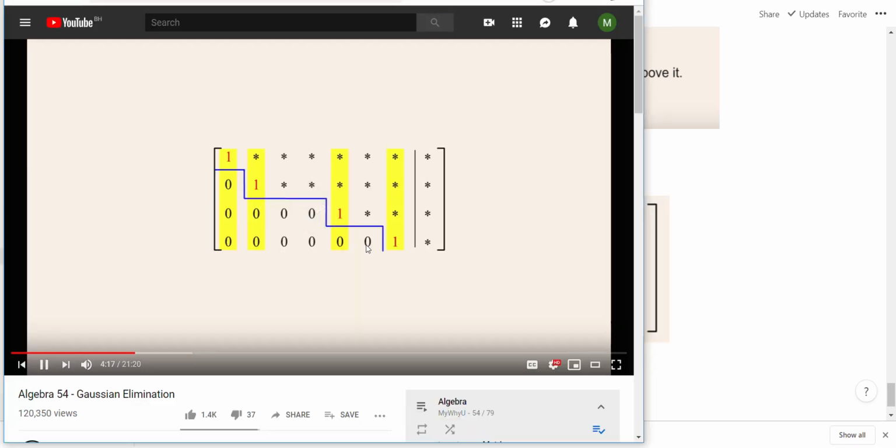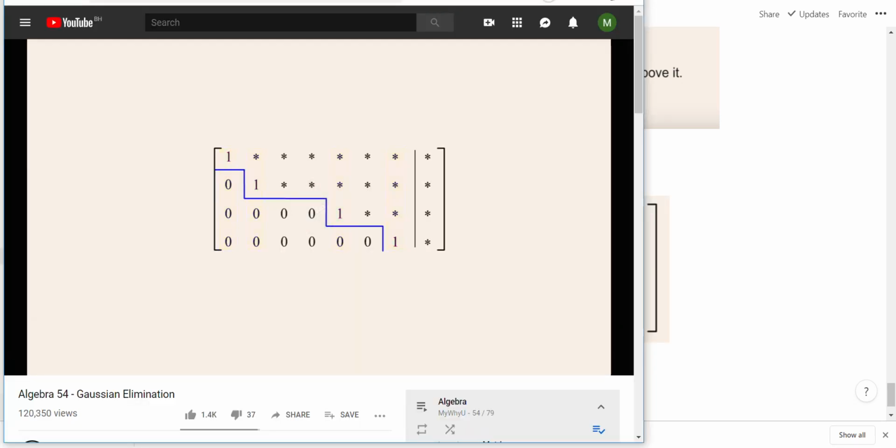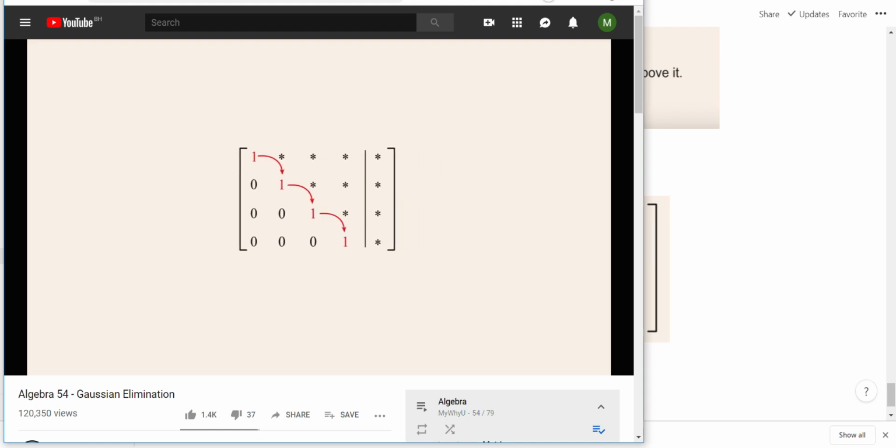Although some columns may contain no leading entries. This means that it is possible for some leading entries to be positioned more than one column to the right of the leading entry above. However, in this lecture, we will be working with matrices where each leading entry will fall one column to the right of the leading entry above it.